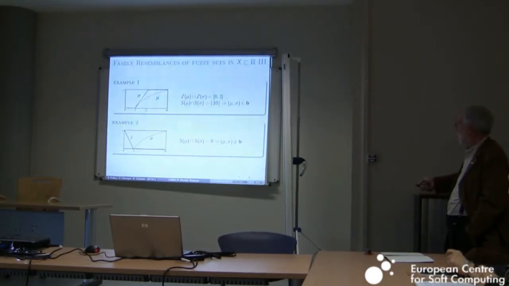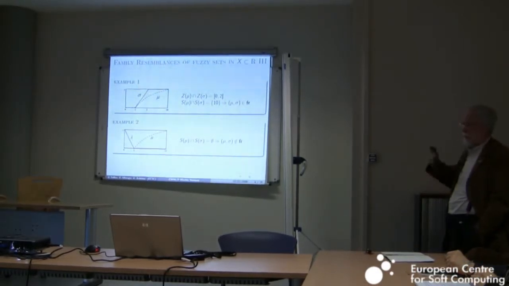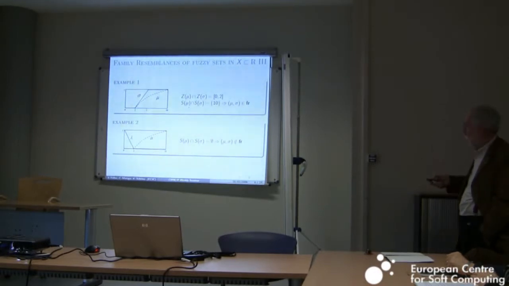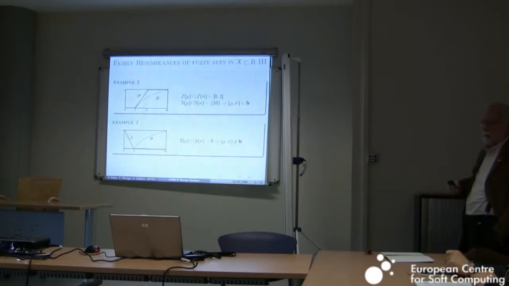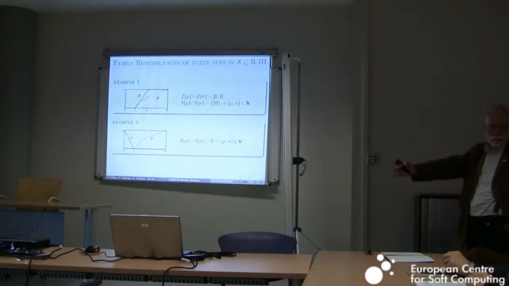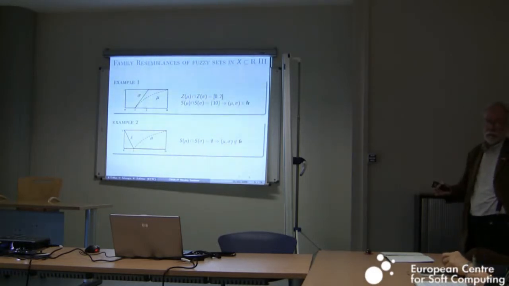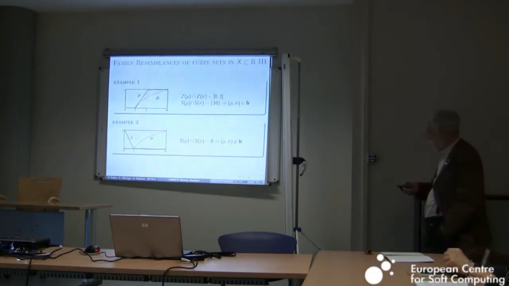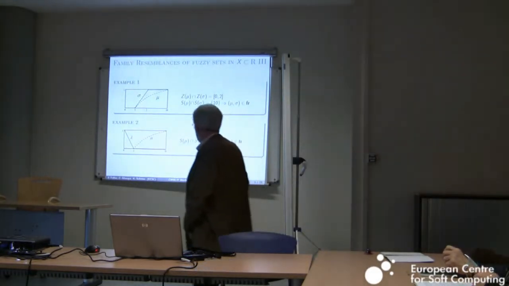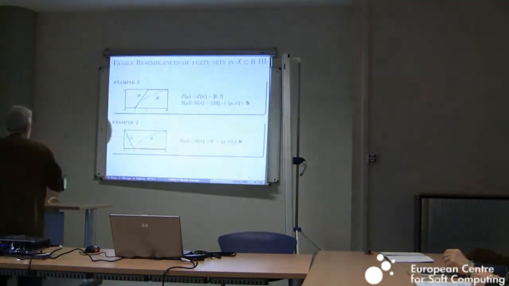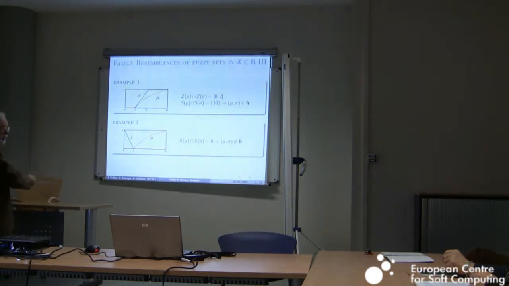That is this case. The problem I started with was when the two fuzzy sets represent two different uses of the same predicate, in which I think that they should show family resemblance. Nobody will accept that this fuzzy set and this fuzzy set mu can represent two uses of the same predicate.